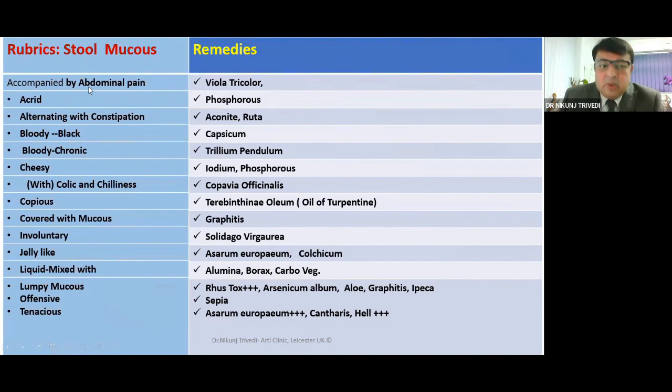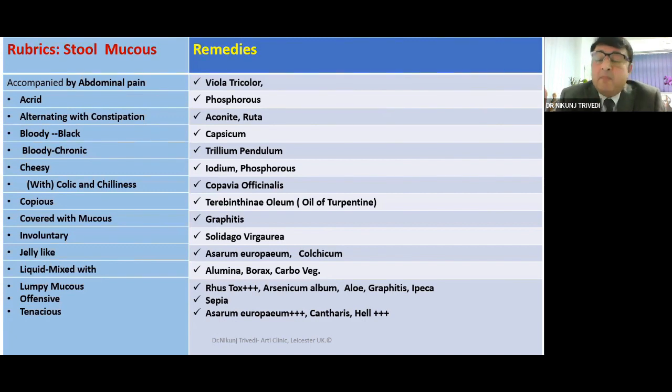Stool, mucus with abdominal pain: Viola tricolor. Mucus is acrid: Phosphorus. Mucus alternating with constipation: Aconite and Ruta. Mucus with bloody black stool: Capsicum.